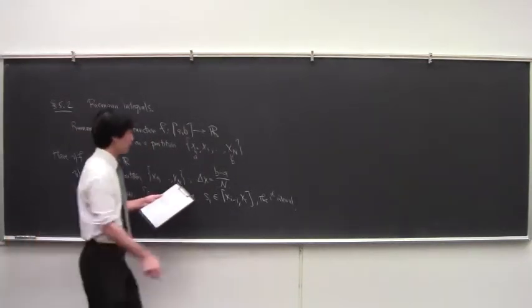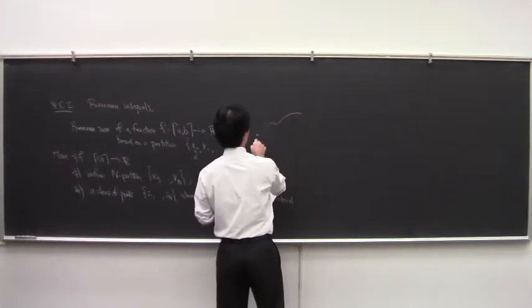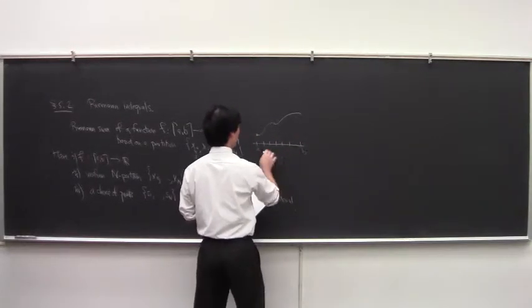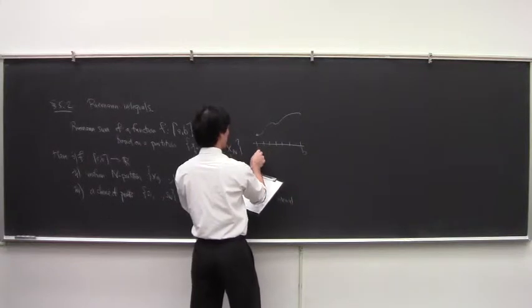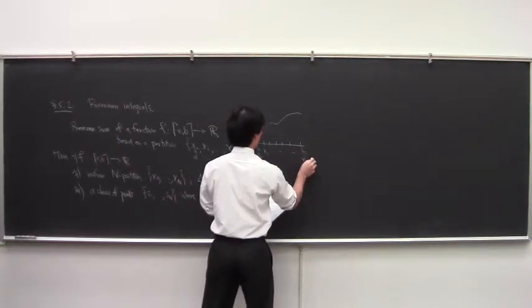So the picture is like this. You have your function on [a, b]. You divided it into equal parts, x naught, x1, through xn.